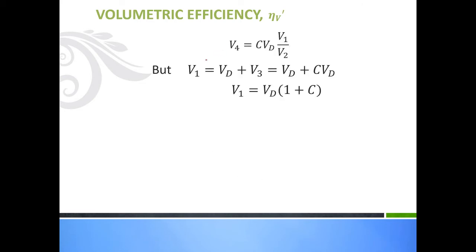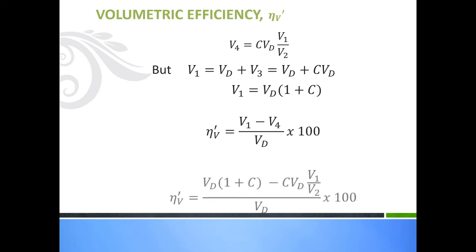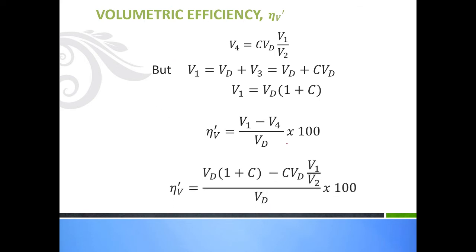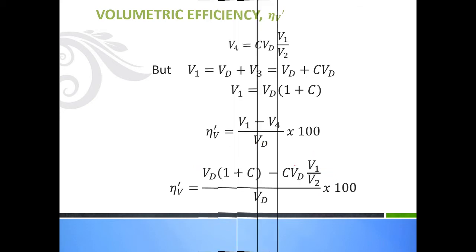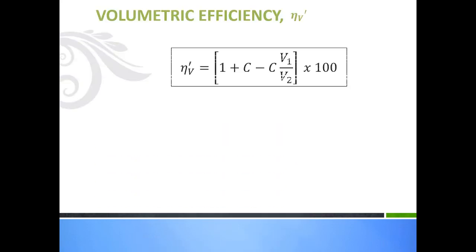Yan. So, substituting yung mga definitions ng volume natin, we finally arrive with an equation for the volumetric efficiency. Yan. Yung derivation nito, madali lang naman. You can read it sa handout.